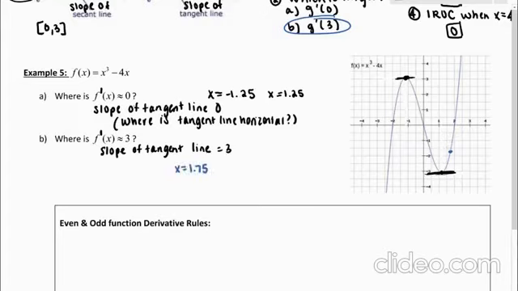And then let's look over here on the other side to see if that happens anywhere. If we look probably around here, we'll see the same thing happening, and that's at x equals negative 1.75. Something that you might notice here is that we have these opposite x values where they have the same slopes.